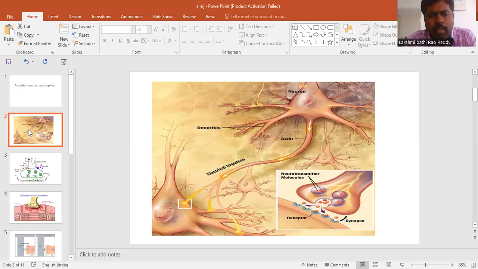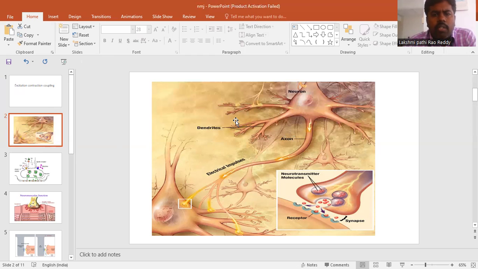When it reaches the nerve terminal, it excites the next neurons, and it excites the muscle fibers, different muscle fibers. It can be skeletal muscle, smooth muscle and cardiac muscle. But in today's discussion, we are continuing with skeletal muscle.